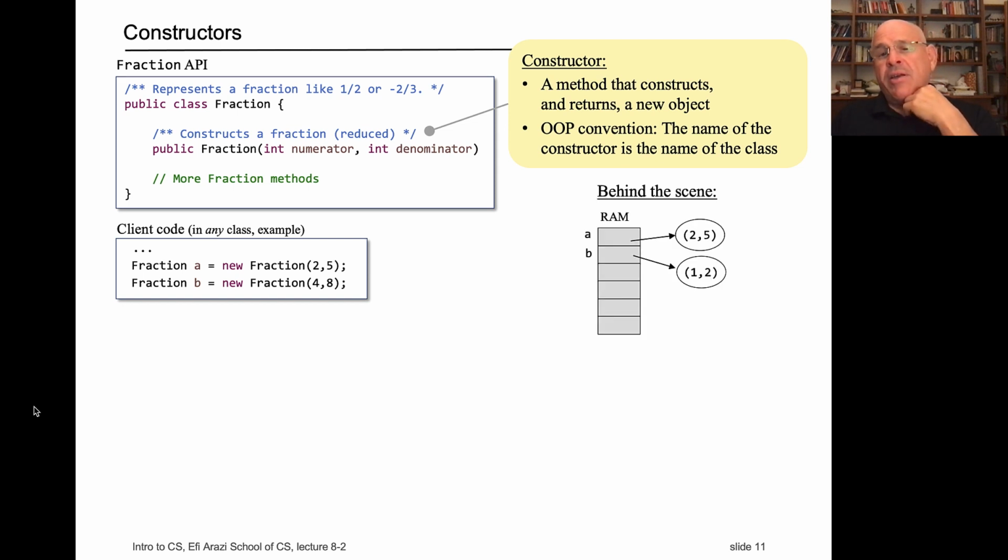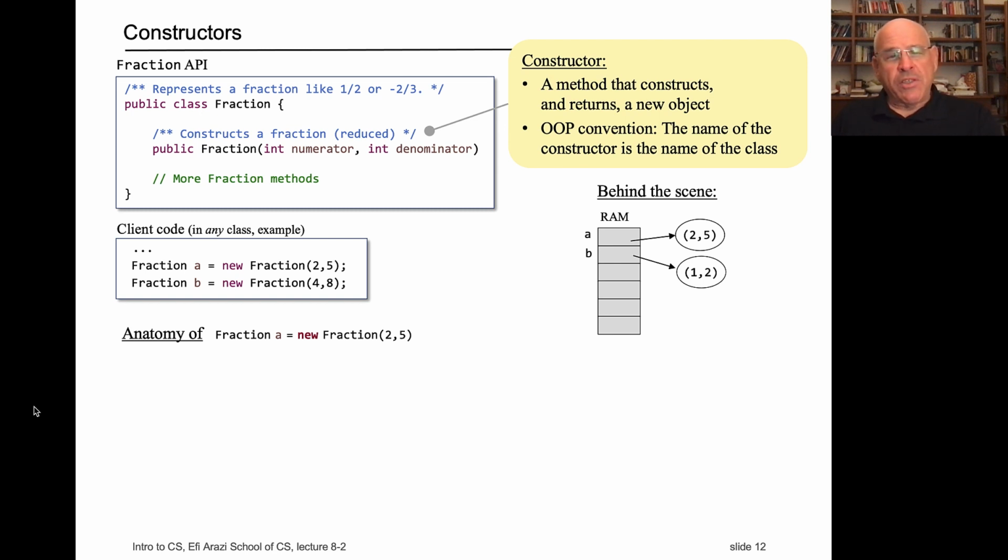Now, here is what will happen behind the scene when you run this client code. You will have two new variables, a and b, which point at two objects which are stored somewhere in the computer's memory. So what is the anatomy of this statement?